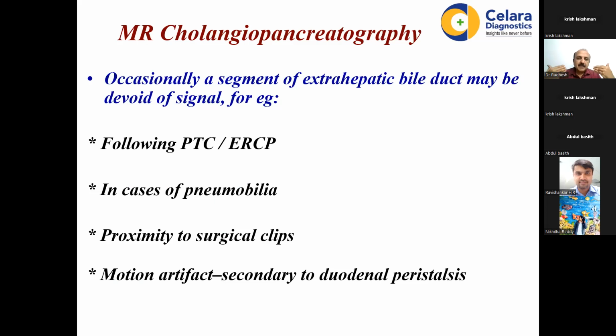What is the next best imaging modality for you to see air? It is CT. So in all cases of MRCP, apart from doing a lot of other sequences, we also do a few CT sections so that there is no confusion between air and calculus.